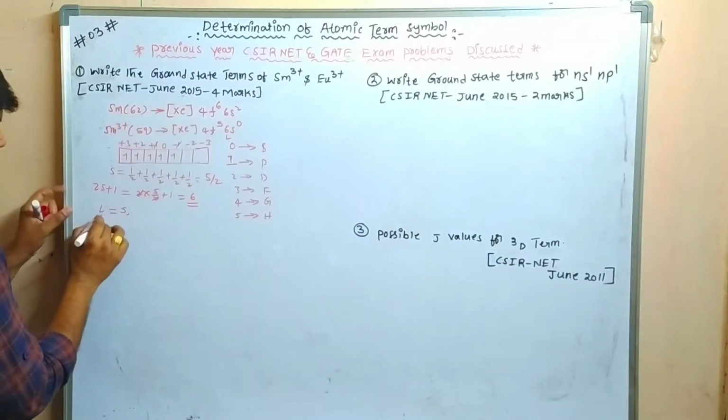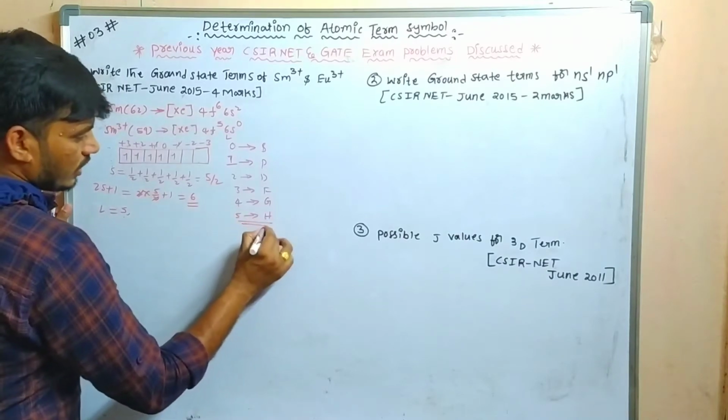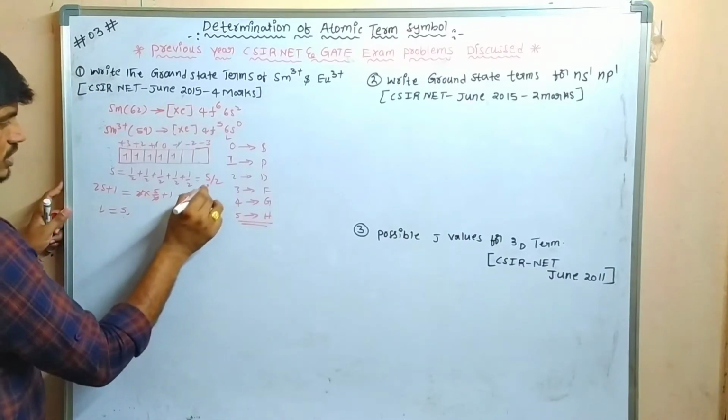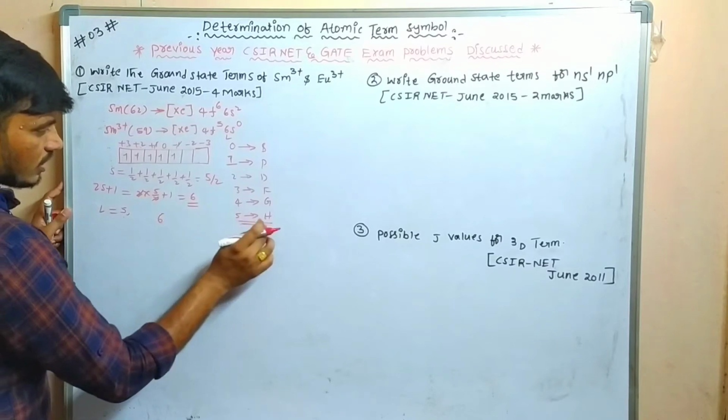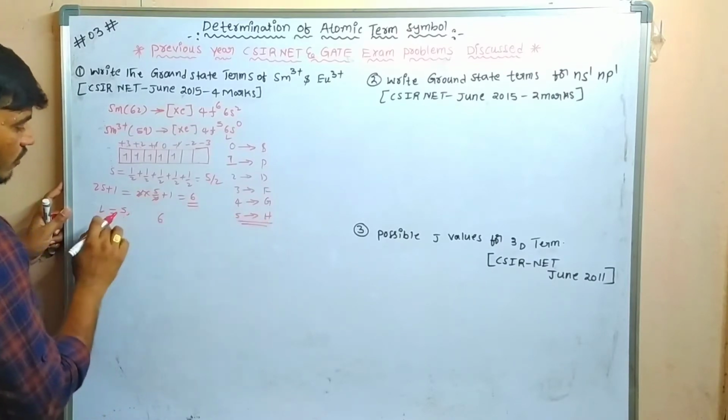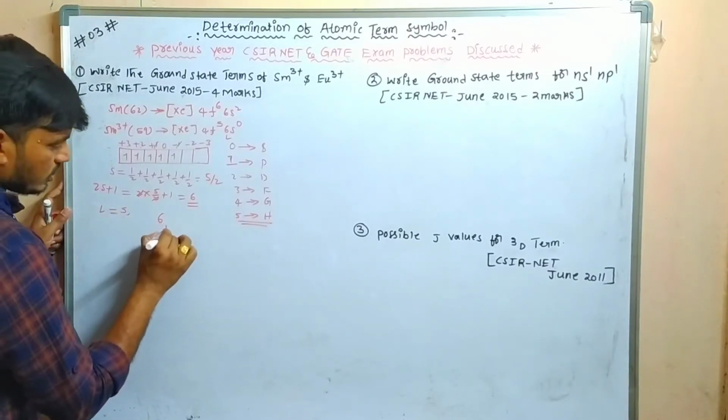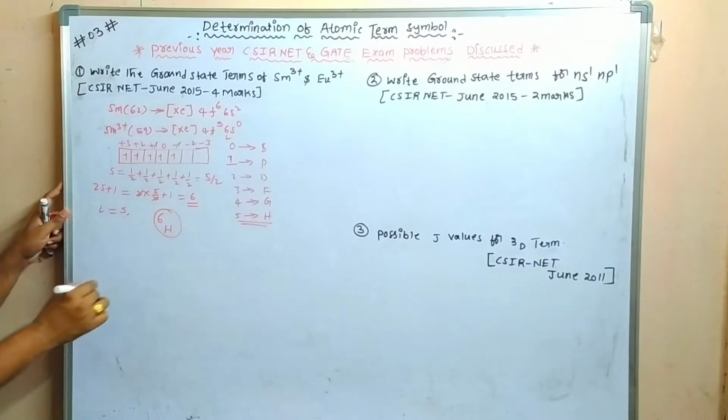Coming to L equal to 5, the term is H. So the spin multiplicity value is 6 and the term for L equal to 5 is H. So here 6H is the ground state term.